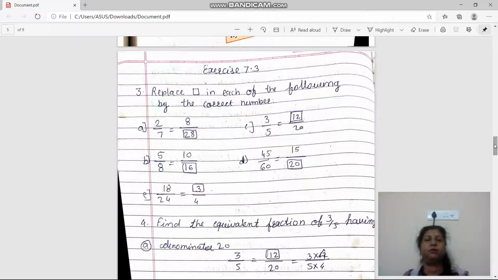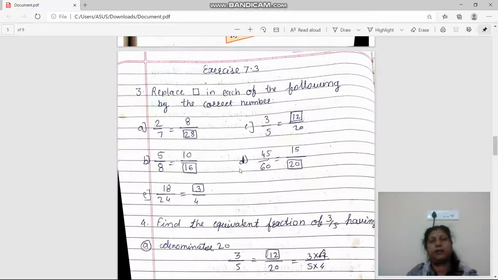So 4 5s are 20, and 3 4s are 12. So 12 should be there. Next, 5 upon 8 is equal to 10 upon box. 5 2s are 10, so 8 2s are 16.